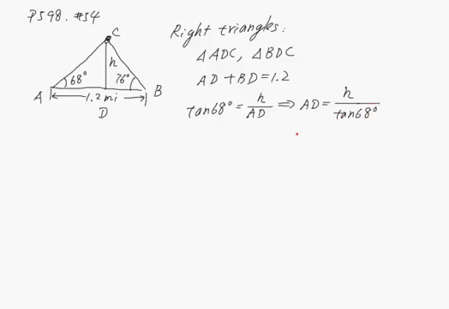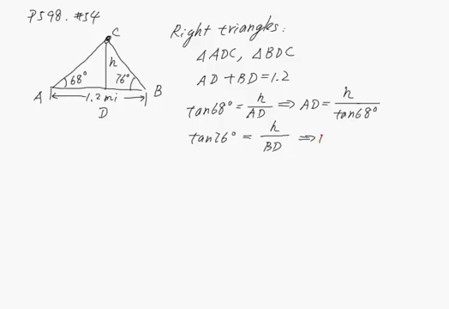Similarly, in the triangle BDC, you have the tangent of 76 degrees equal to opposite H over the adjacent BD. Then you multiply both sides by BD and divide both sides by tangent of 76 degrees.